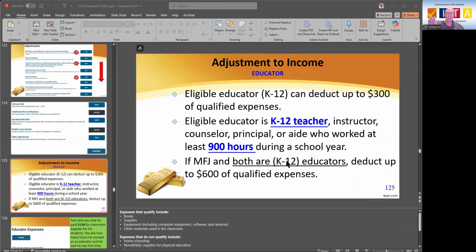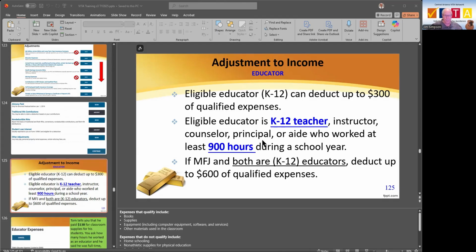These are your out-of-pocket expenses where you've bought supplies for the classroom, anything to help you teach these students. I don't think I have to tell you that the budgets have been pretty drastically reduced in our K-12 schools. And so teachers come out of pocket, usually for a lot more than 300 bucks, but it's limited to 300. They have to have worked at least 900 hours during the school year.